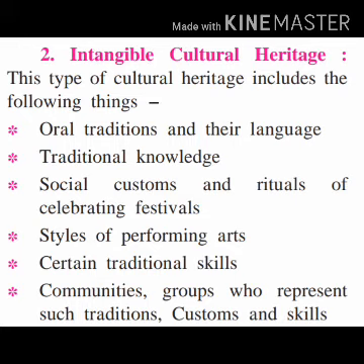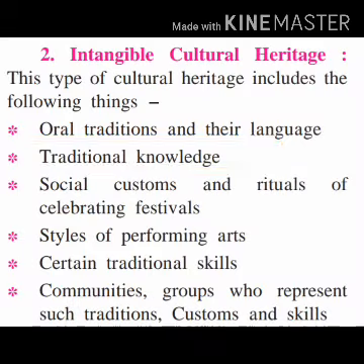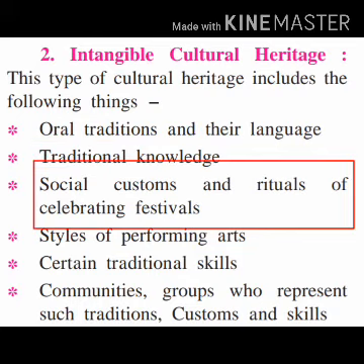Intangible cultural heritage are in oral form. So, intangible cultural heritage includes oral traditions and their language, that is, chanting of Vedas or Sanskrit language. Traditional knowledge, that is, cultural stories, folk stories. Social customs. It is said that fasting is custom in every religion. Rituals of celebrating festivals.